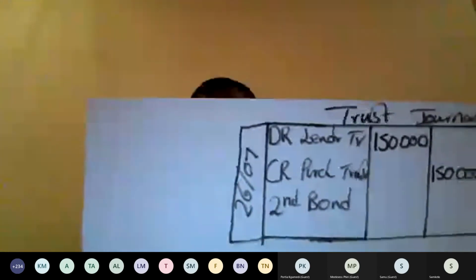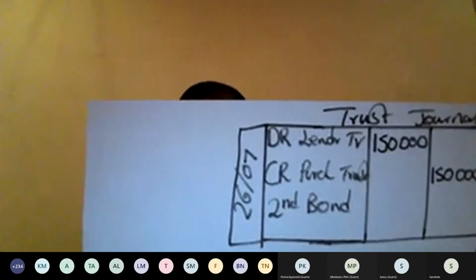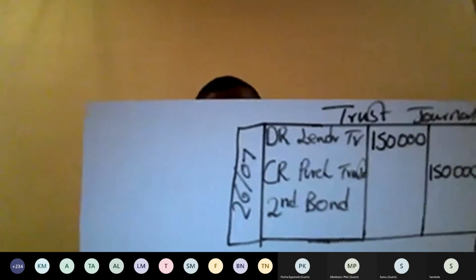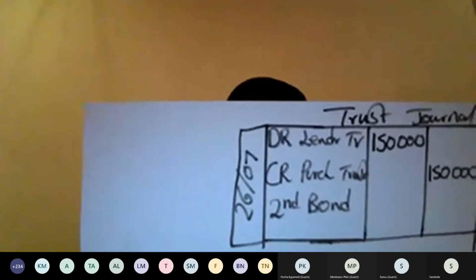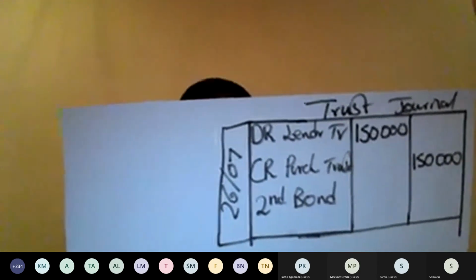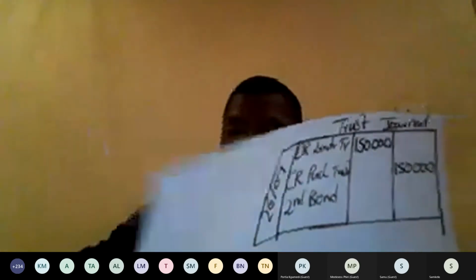Now, as it is in that journal, you post it to your ledgers. Firstly, it says debit the lender's trust with 150,000. Let's go to the lender's trust ledger account to debit that amount.